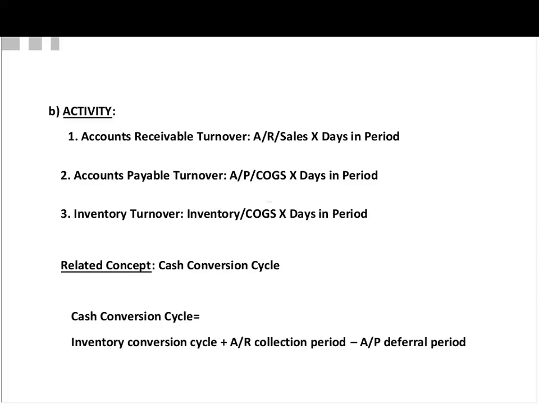Inventory turnover, 91, 94, and 108. Okay, now, what is happening to AR? Stretched out. What's happening to AP? Ooh, rather stable, but very short. What's happening in inventory? Stretched out.